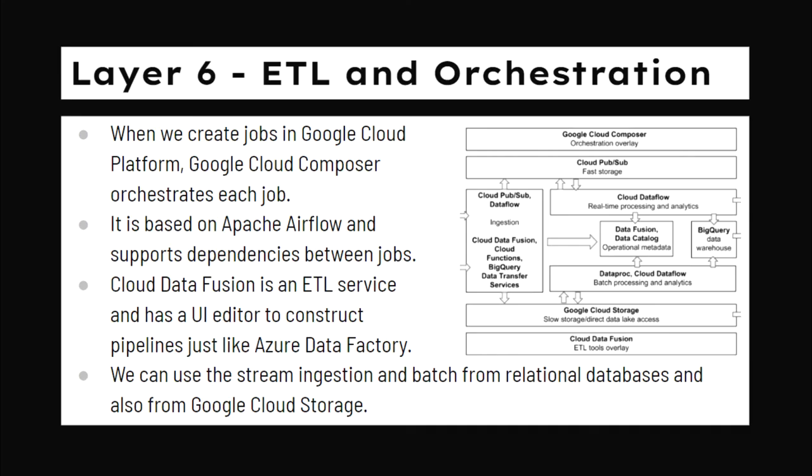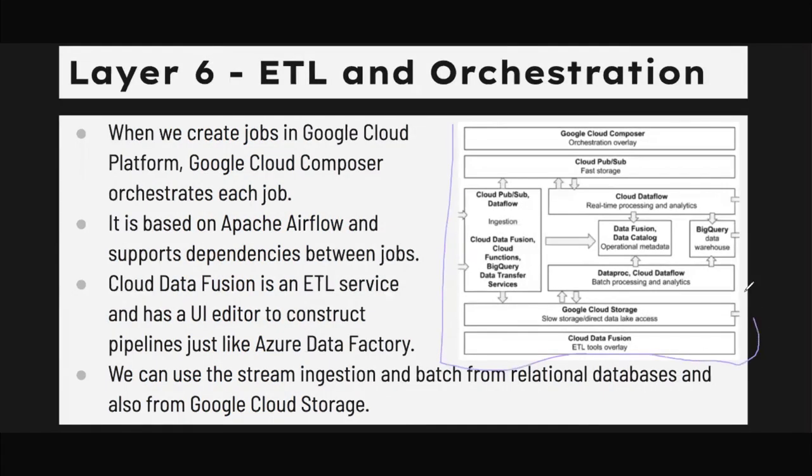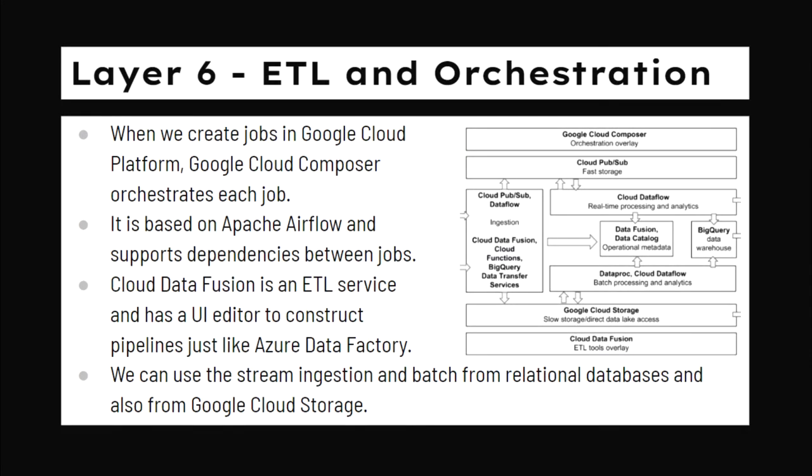So layer 6 is this part of the cloud platform architecture. We created jobs in Google Platform. Google Cloud Composer orchestrates each job. It is based on Apache Airflow and supports dependency between the jobs. Cloud Data Fusion is an ETL service and has a UI editor which helps in construction of pipelines, just like Azure Data Factory.